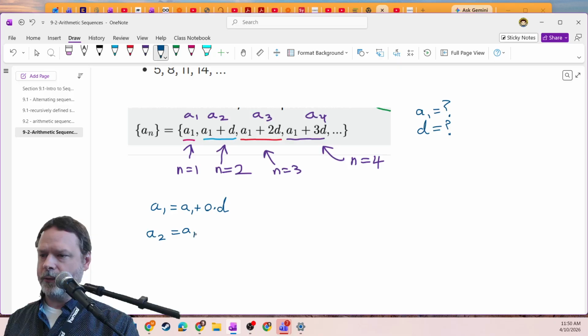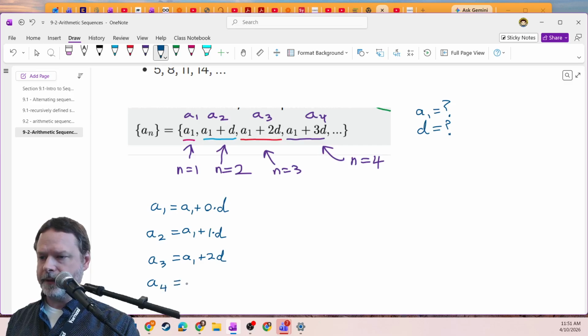That's a sub 1 plus 1 times d. And then a sub 3 right here was a sub 1 plus 2d. And then this one right here, a sub 1 plus 3d, that was my a sub 4.